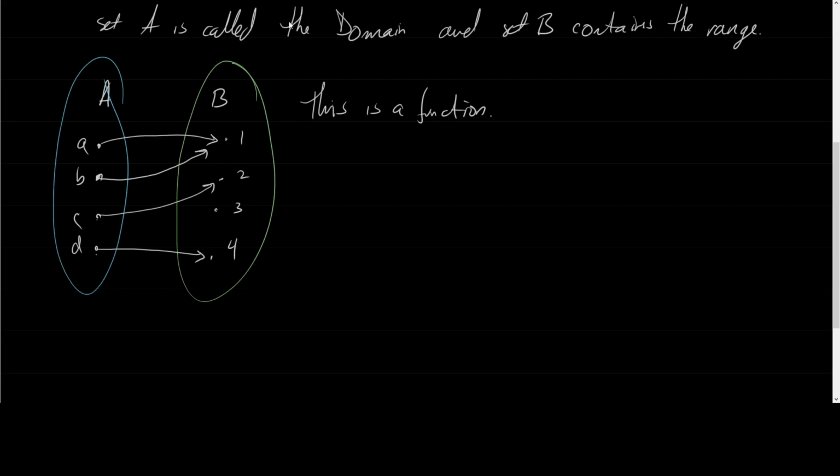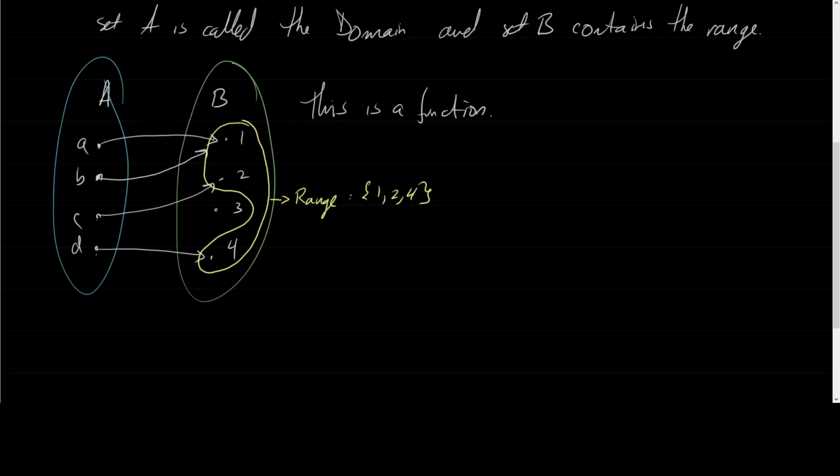The other thing to notice here is that these over here, 1, 2, and 4, are the only ones that elements in A are being assigned to. So that set right there that I did in yellow is the range. The range would be the set of 1, 2, and 4.